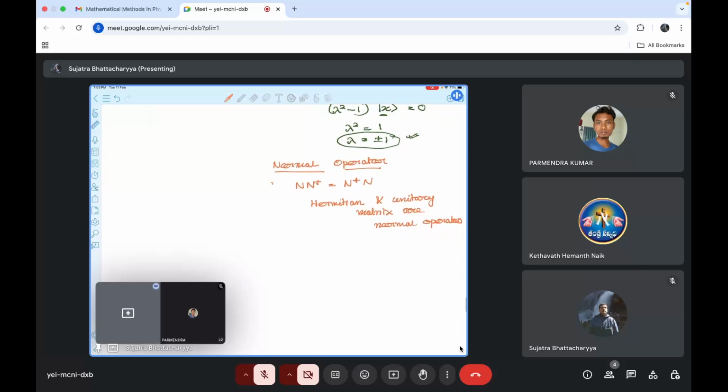So what does it mean? It means that the operator commutes with its adjoint. Adjoint is this dagger which is written. It commutes with its dagger.